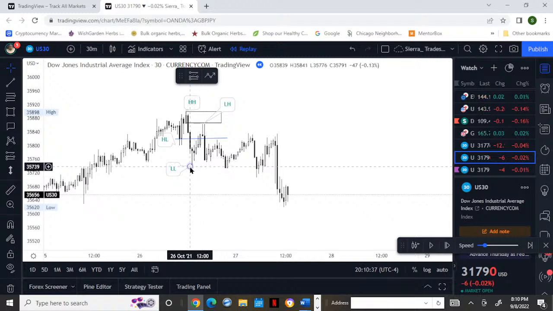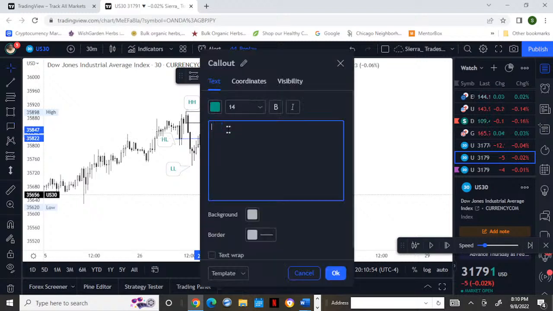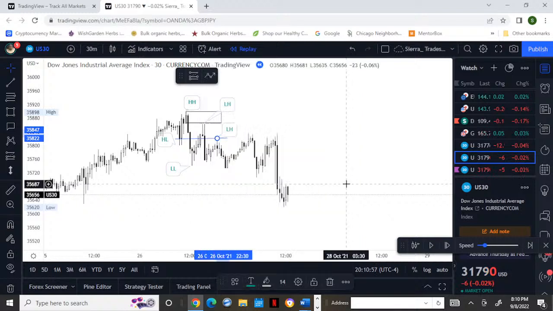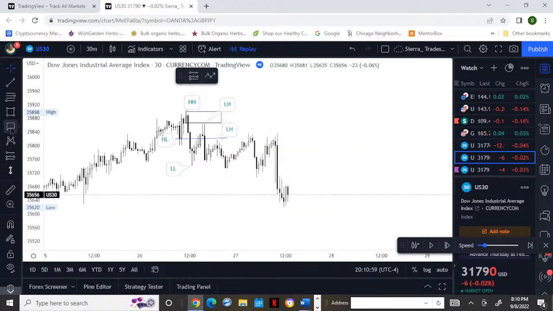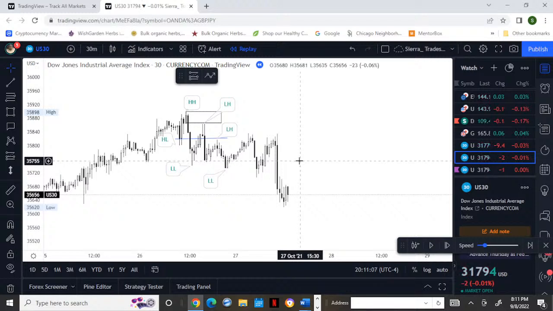Not technically our lower low because it's not lower than there, but it did pull back and give us another lower high. Lower low here. Yeah, I had to double check. That's still lower than that.